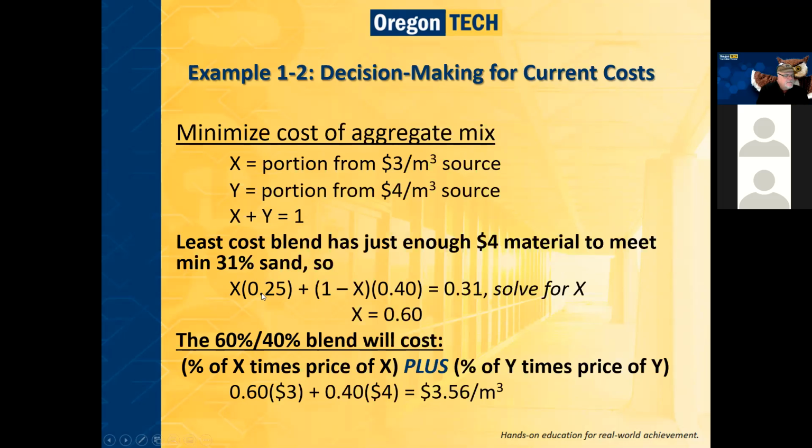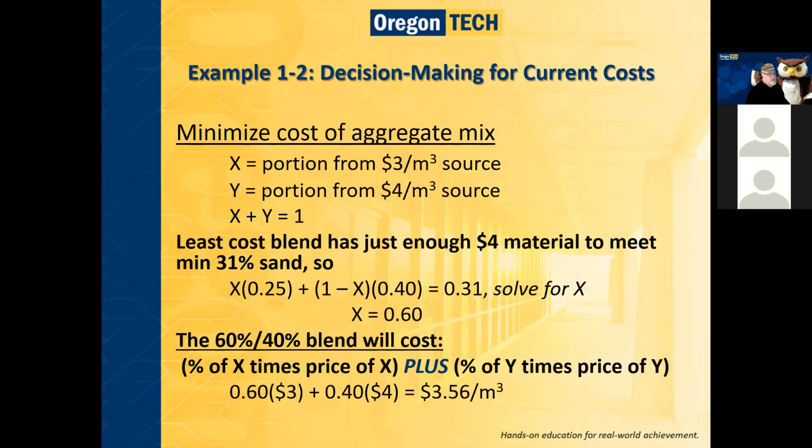So you got 25% sand content in this one, 40%. So whatever percent of this you're going to use times the 25% amount plus 1 minus X. How do you get 1 minus X? Well, you know it's X plus Y. Y is equal to 1 minus X.